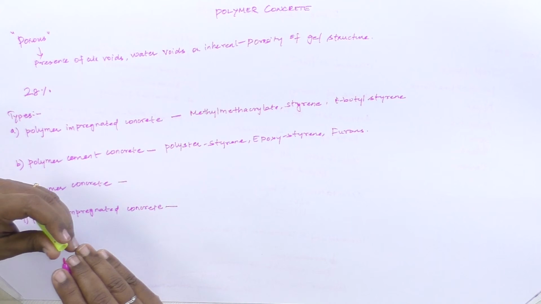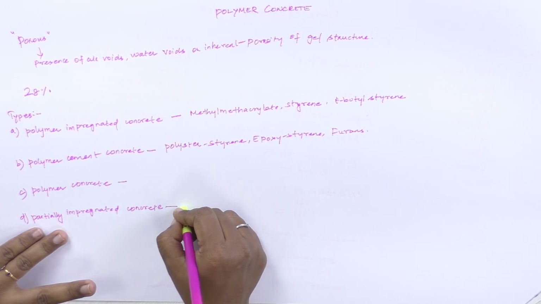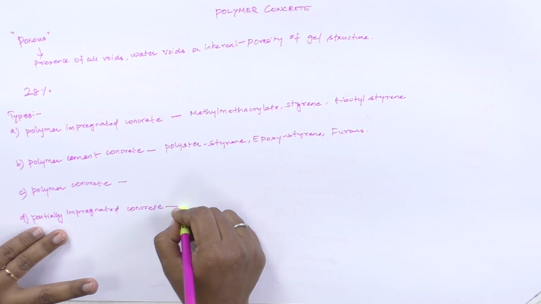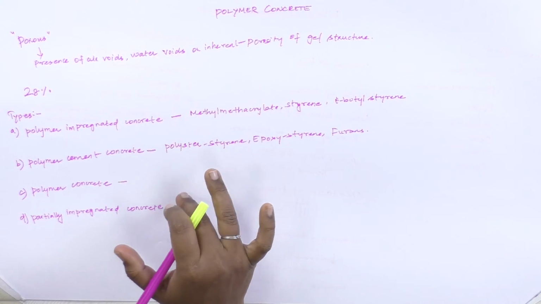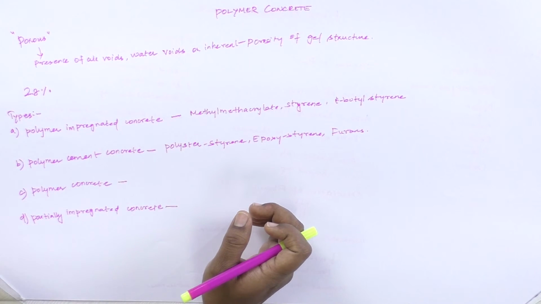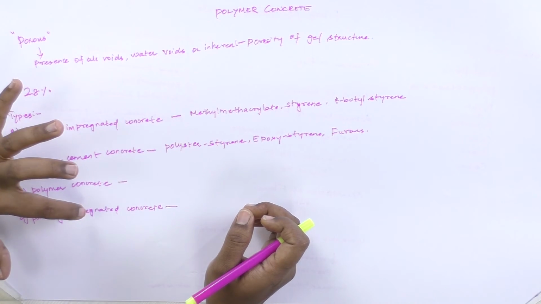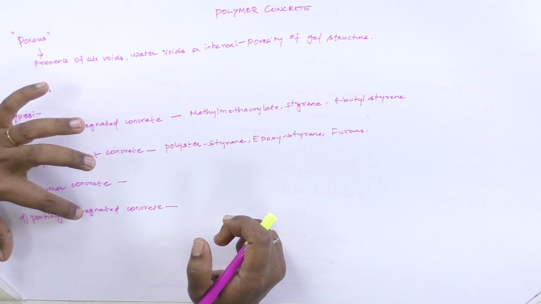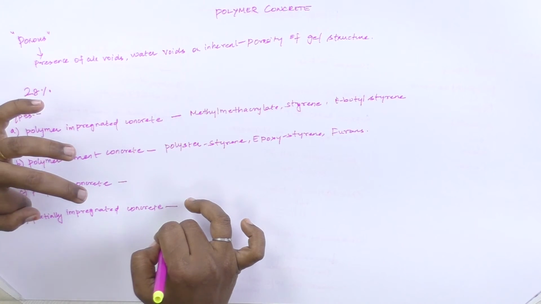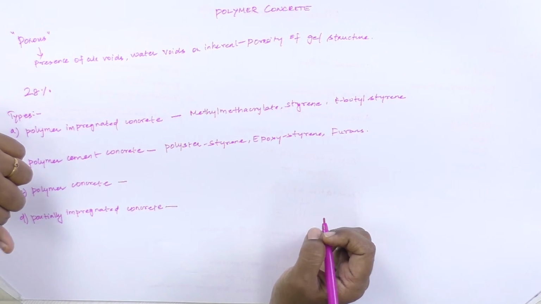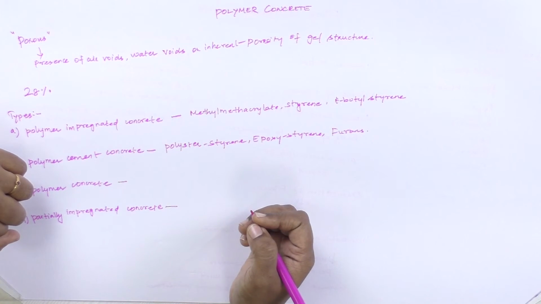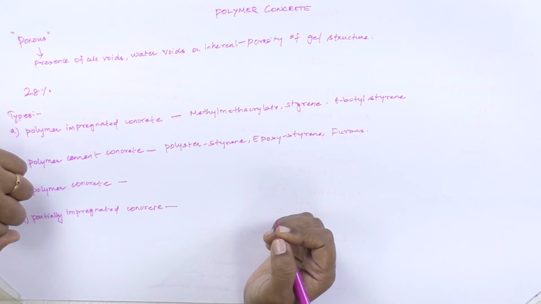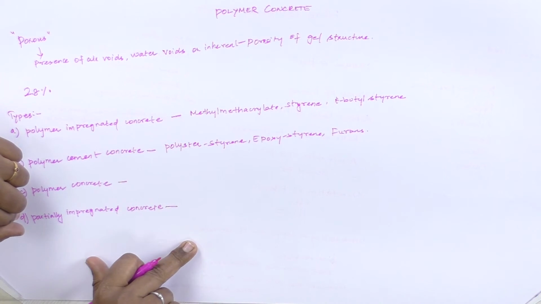Partially impregnated concrete may be used in situations where the concrete is subjected to wear and tear, that is, that property alone should be resisted. Where the surface is subjected to any mechanical or chemical action, abrasion, etc., we can use this partially impregnated concrete.